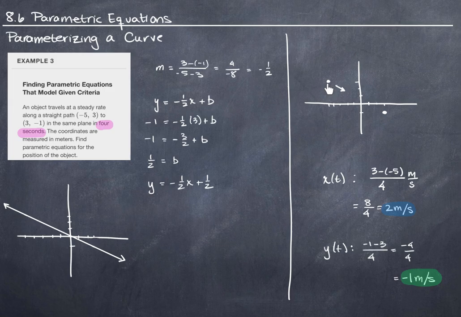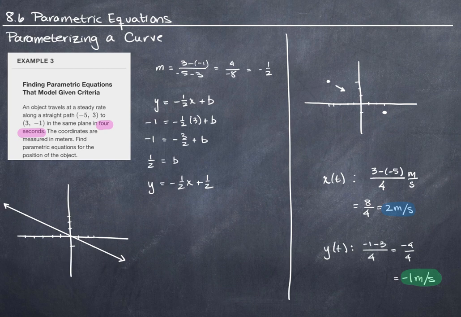So when this object starts moving, it's here, and when it finishes moving, it's here. So often the parameter t represents time. Very, very often, in fact, the majority of the time. Not always, but the vast majority. So when t equals 0, in other words, when this thing starts moving, it's at this position here.